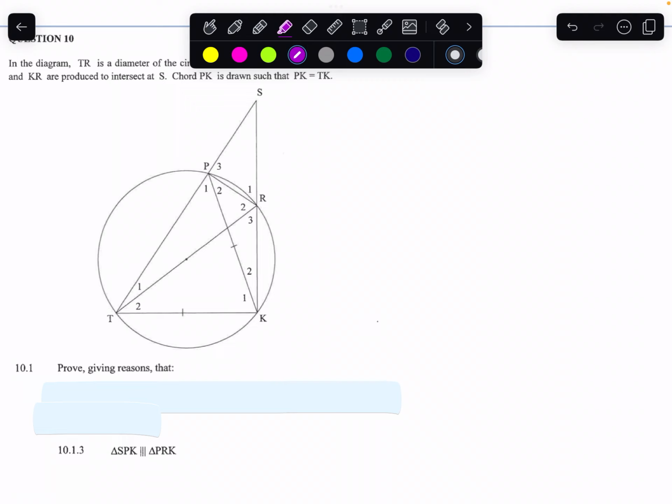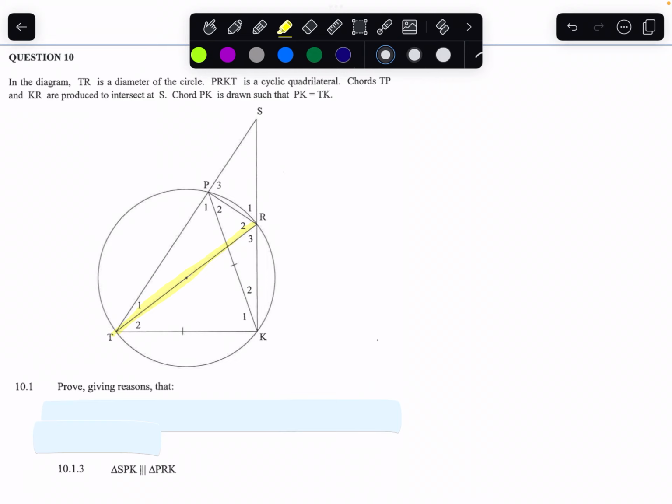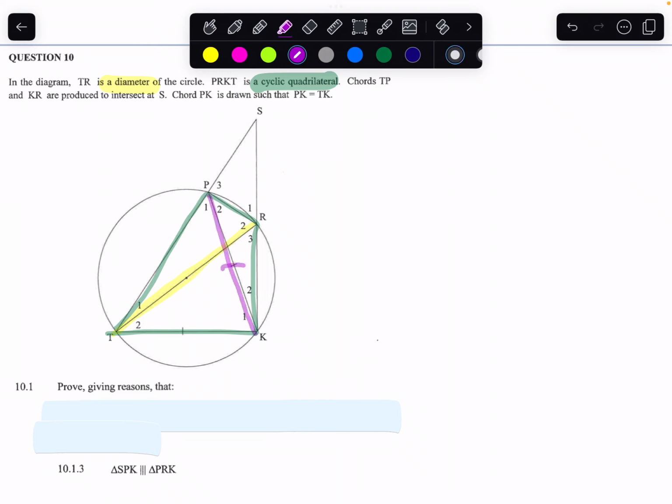I'm going to start again by highlighting information we were given. So we were told that diameter, cyclic chord, equal chords.